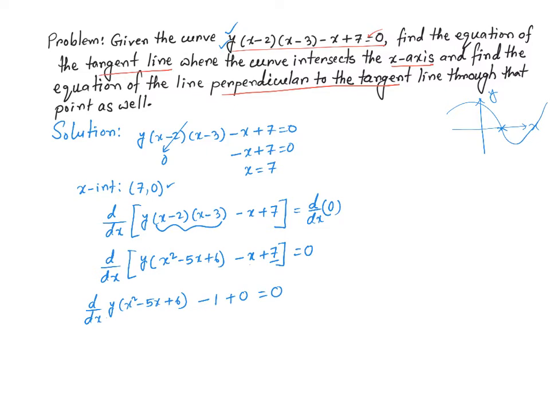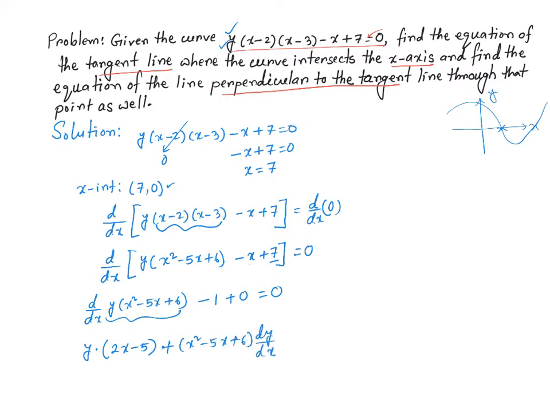Now I'm going to use the product rule to take the derivative of it. So it's going to be y times the derivative of x squared minus 5x plus 6. So the derivative of x squared minus 5x plus 6 is going to be 2x minus 5 times y, plus (x squared minus 5x plus 6) times dy over dx.